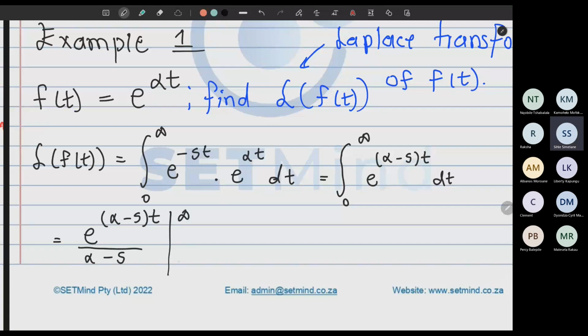Do you mean like this? Yeah, sorry, muted.